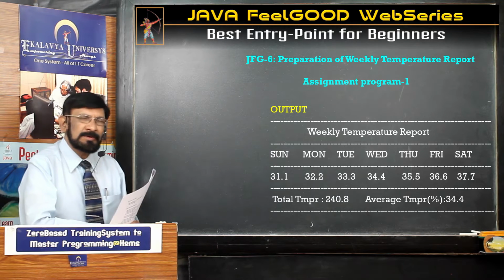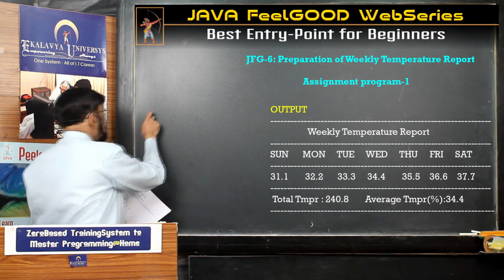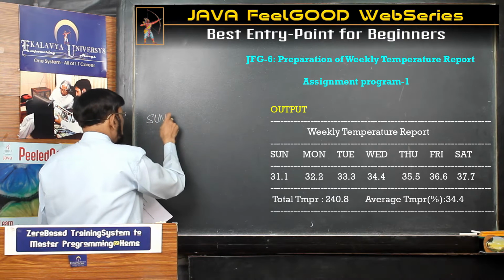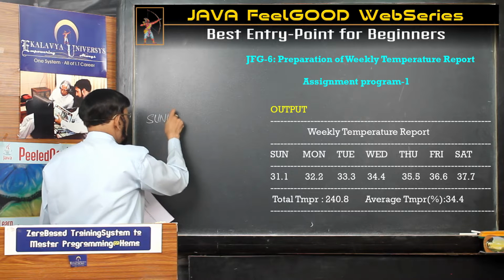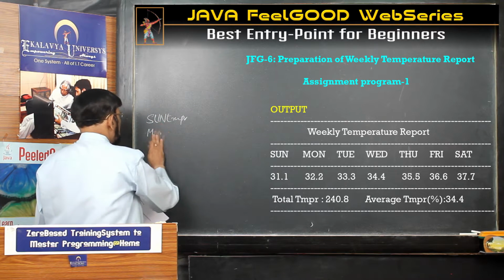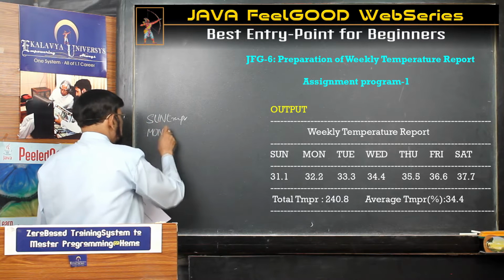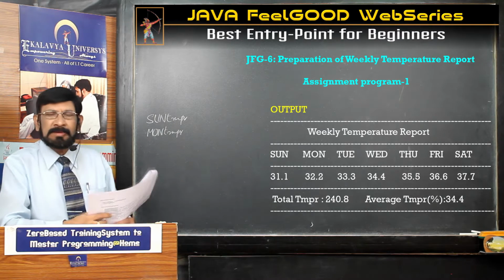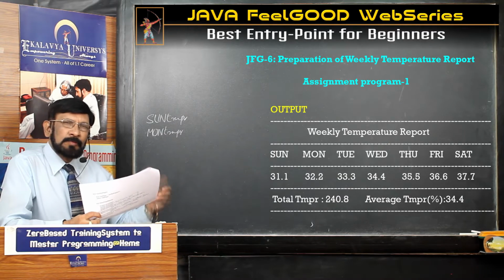Thereafter, as far as names are concerned, a little specialty is there. This is Sunday, Monday, Tuesday. 3 letters you take. Now sunTemperature, monTemperature. These 3 letters are used. Then it is readable. Whatever conventions are there, they are meant for improving readability.